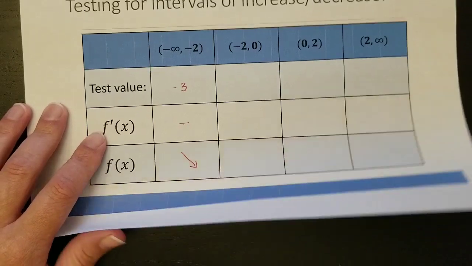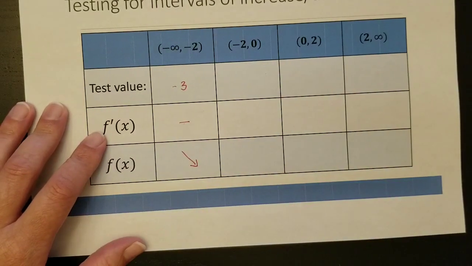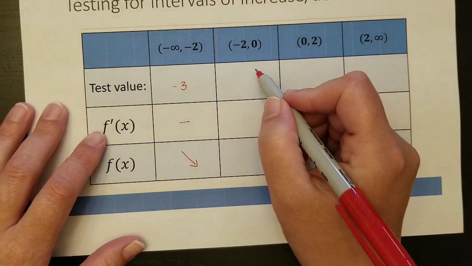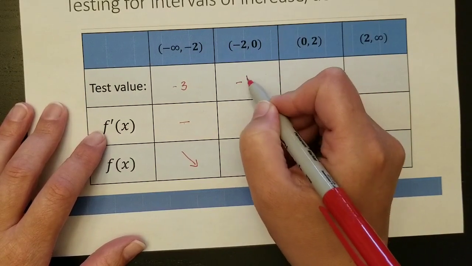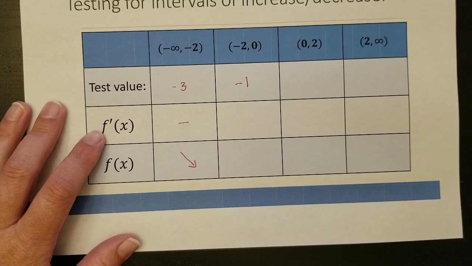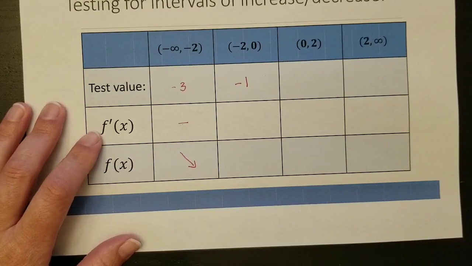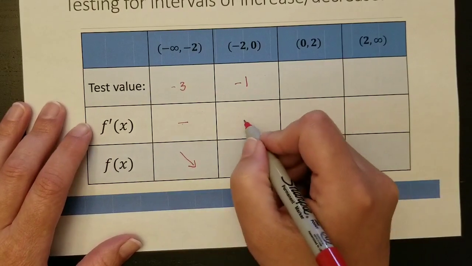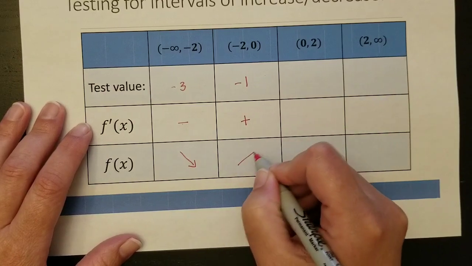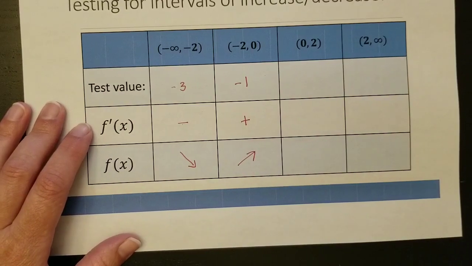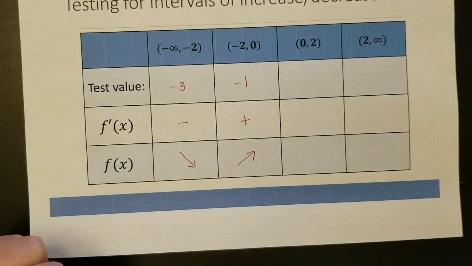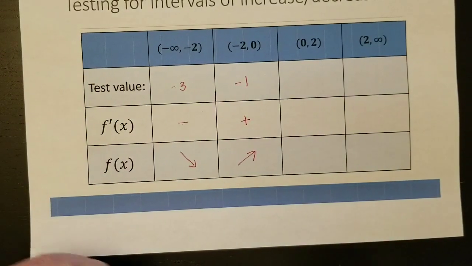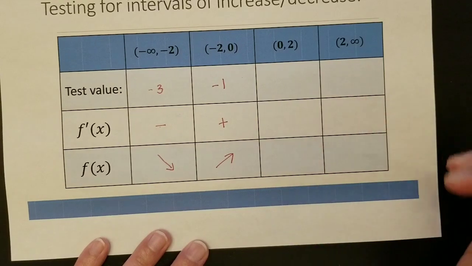So it's one of these two tables that you're going to do, not both. And then if you sub in a number between -2 and 0, probably most will pick -1. If you subbed in -1 to your derivative, you get a positive value, and that means increasing. So this looks faster, but there's actually a fair bit of typing into your calculator, substituting in those numbers and working those out.